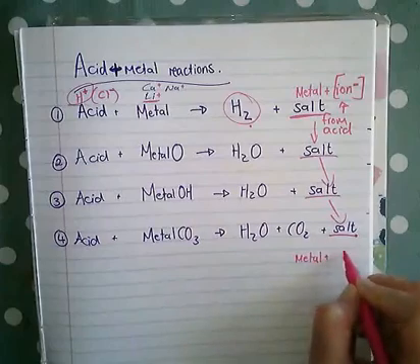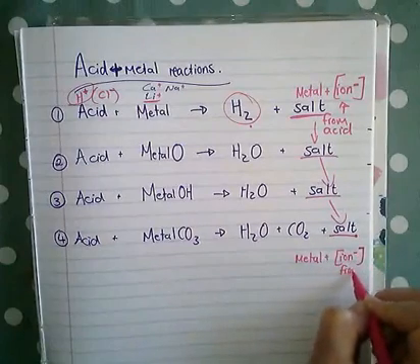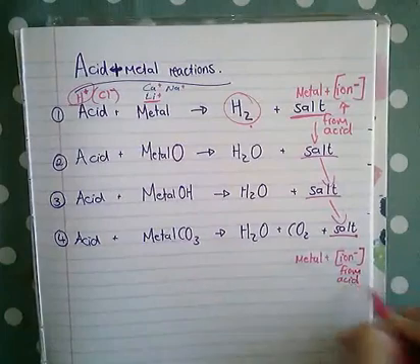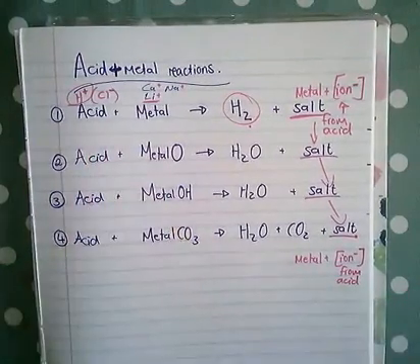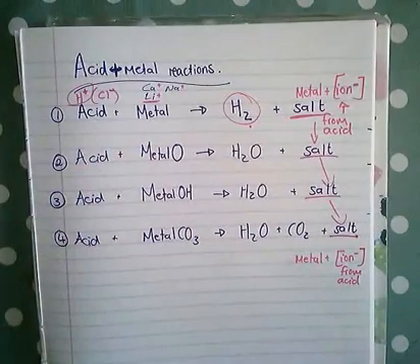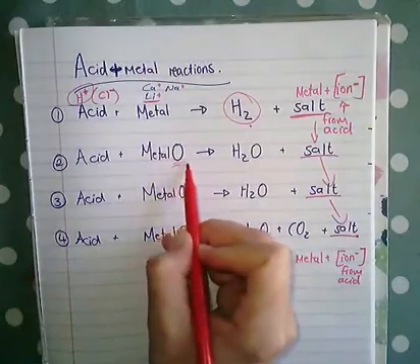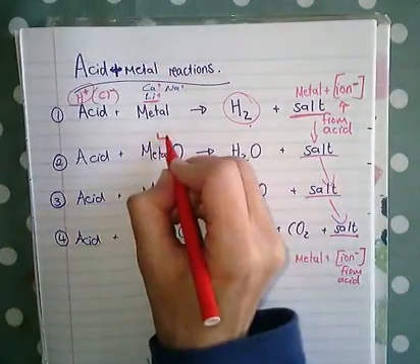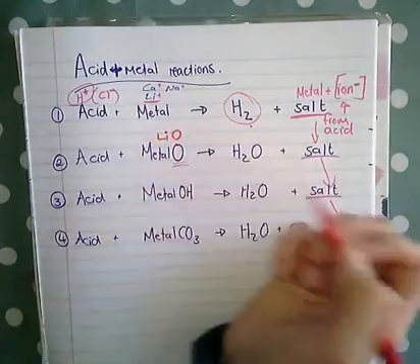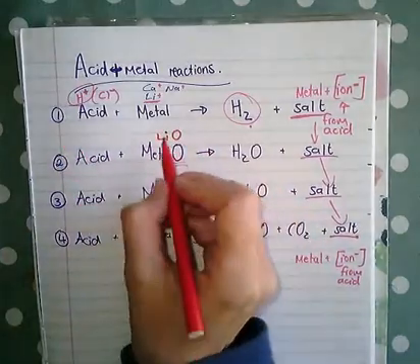Now, this is the reaction between the acid and a metal oxide. So now you have oxygen bonded to the metal, for example lithium oxide. Now you're going to have water and the salt. The salt is again going to be the metal plus the negative ion of the acid.